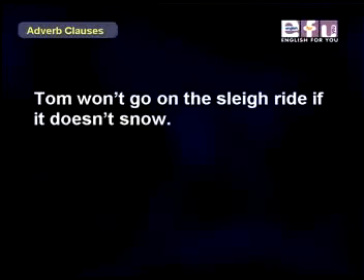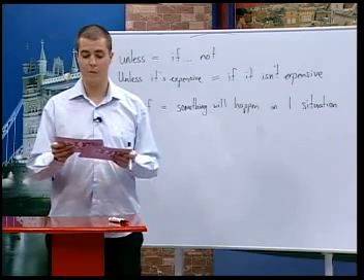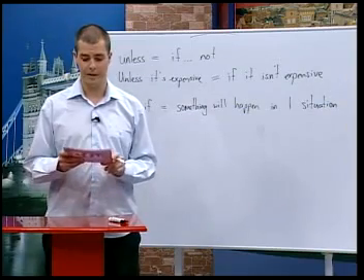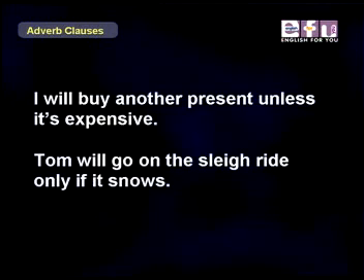For example, Tom won't go on the sleigh ride if it doesn't snow. This means the same as the first sentence, Tom will go on the sleigh ride only if it snows. It means he won't if it doesn't. Let's put that on the board. The second sentence means Tom won't go on the sleigh ride if it doesn't snow.